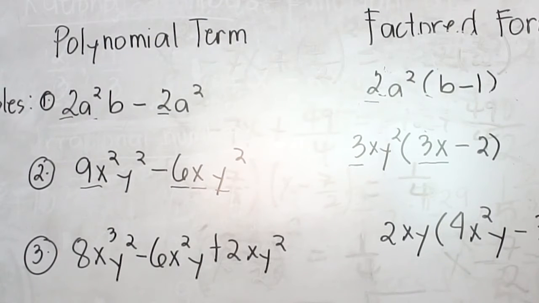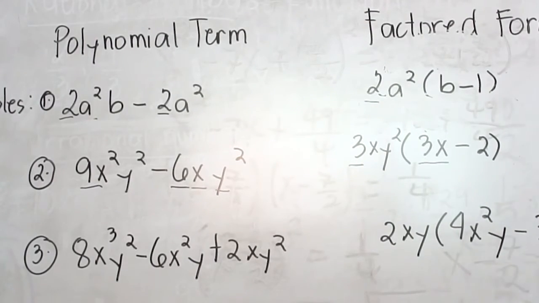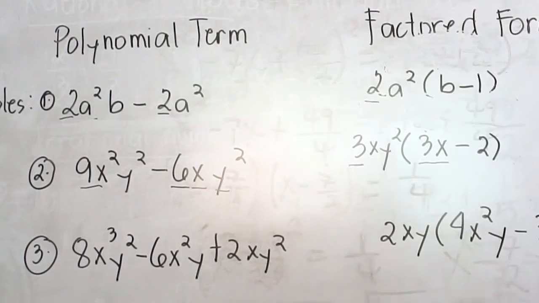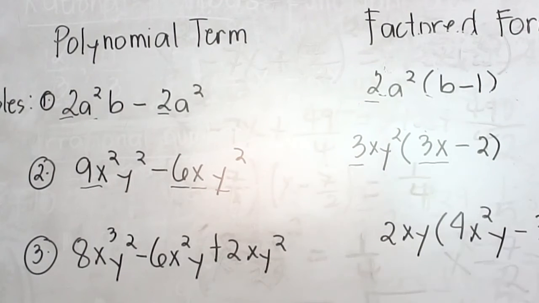And then for the variable a, you have to look for the lowest exponent. Our lowest exponent in our variable a is a squared. So we now have our factor, which is 2a squared. We can now solve for the factored form.